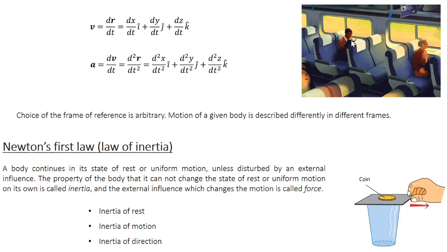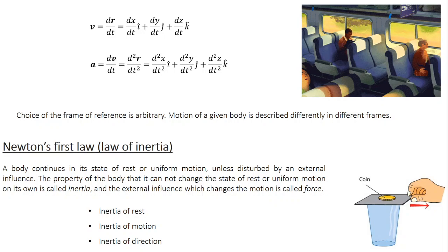Alternatively, you can choose another passenger who is sitting on the same train. You can fix a coordinate system on this passenger and monitor the motion of the fellow passenger. Since both these passengers are moving with the same velocity, if you are choosing this frame of reference, it appears that your co-passenger is not moving, right? Because both are having same velocity.